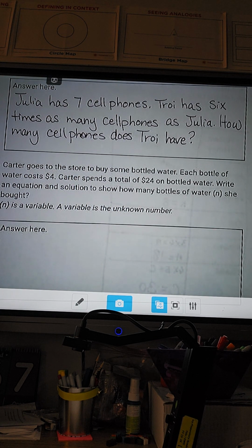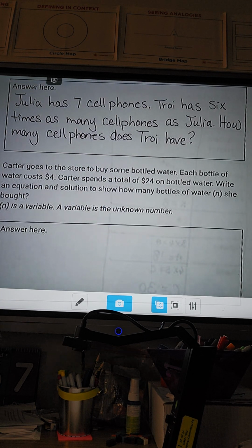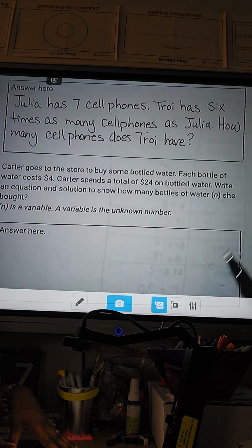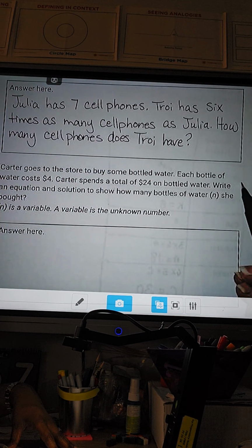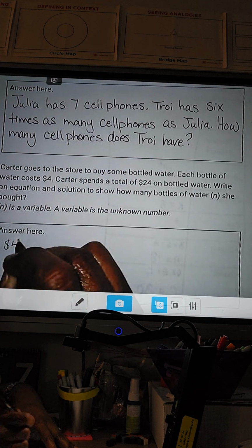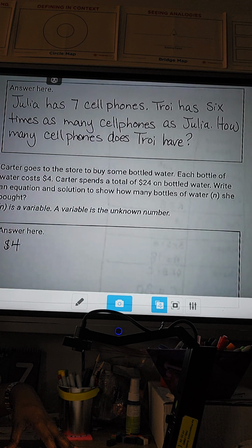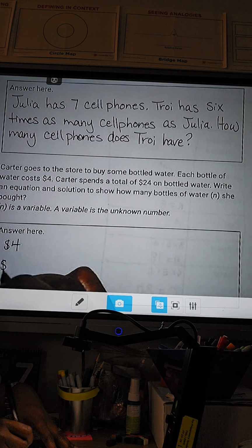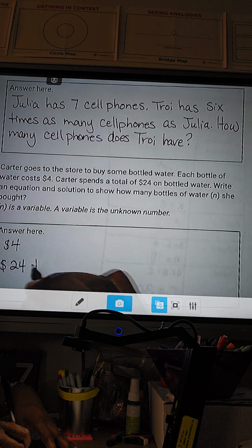Write an equation and solution to show how many bottles of water, which is N, she bought. All right, so we know that this is about bottled water. We know that Carter spends $4 on each bottle. We know that she spent $24 total.